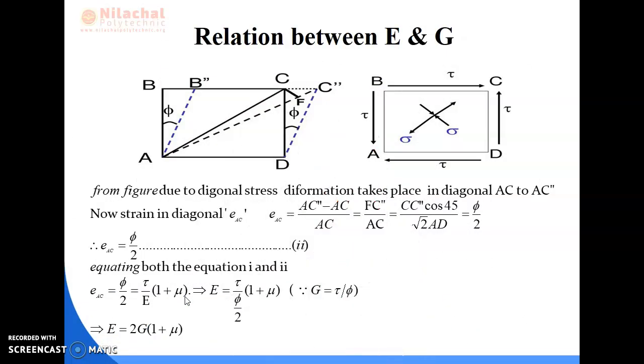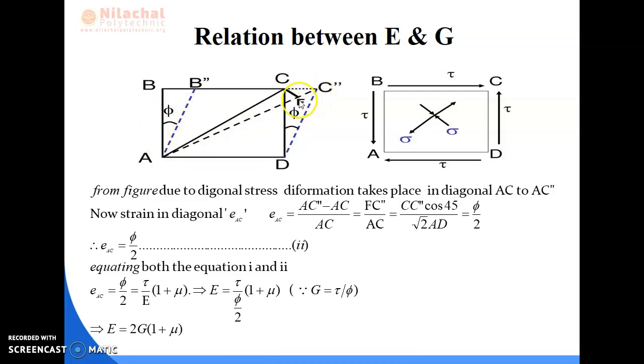Now, how do we find the diagonal strain? We know that the diagonal strain of AC is equal to the increase in length, AC double dash minus the original length AC, divided by AC. From this, we put a perpendicular from point C to F, that is CF upon AC double dash.